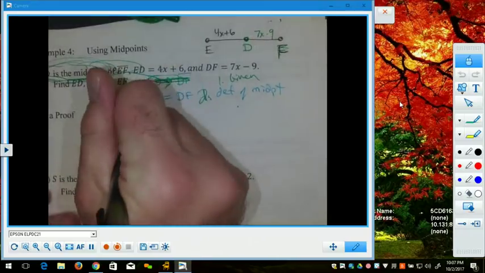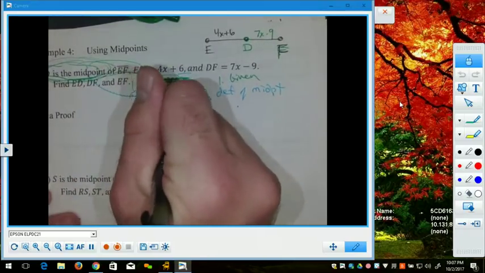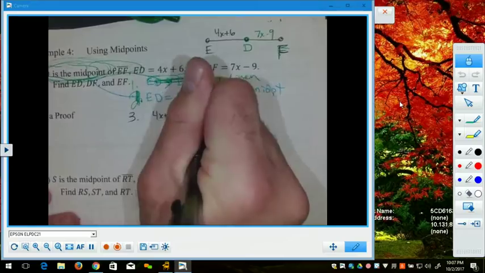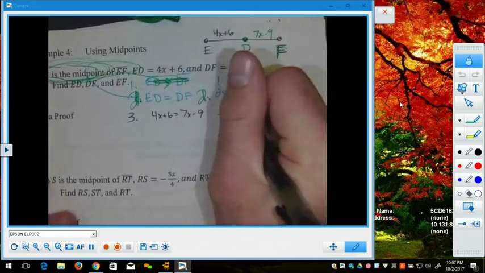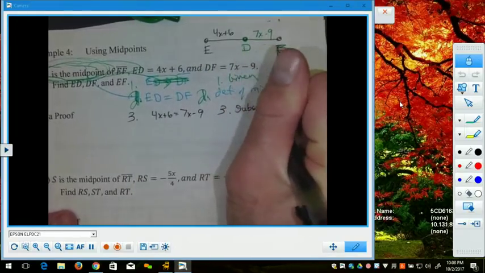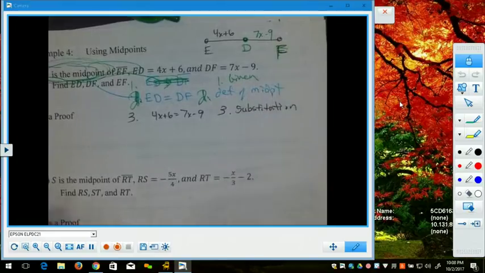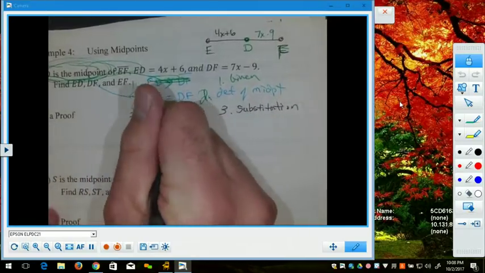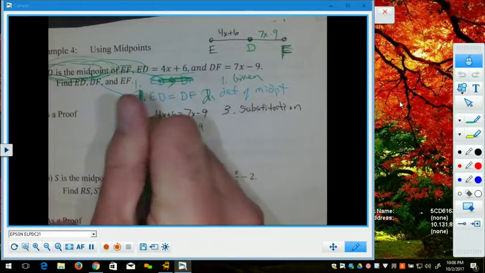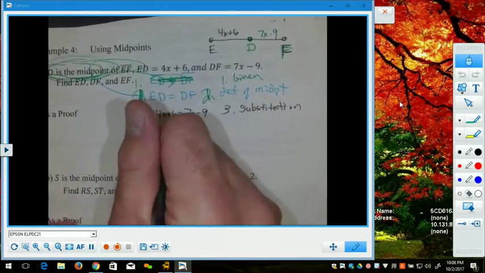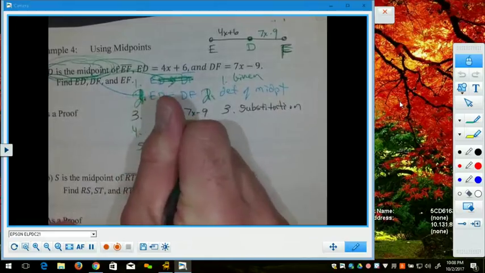Now I'm going to plug stuff in. So 4x plus 6 equals 7x minus 9. That's substitution. I'm going to subtract the 4x to get that to one side. So I have 6 equals 3x minus 9. And then I'm going to add the 9, so I have 15 equals 3x.